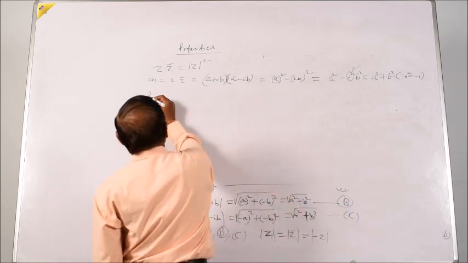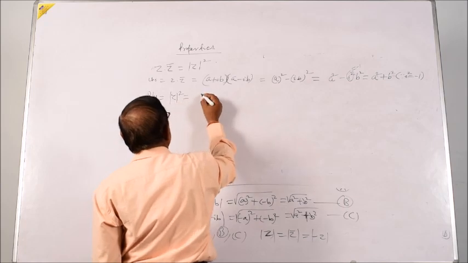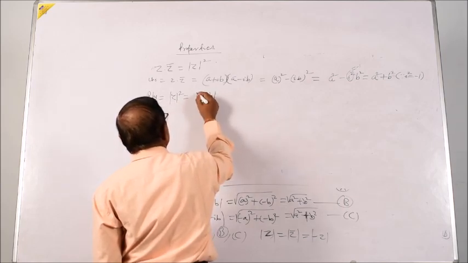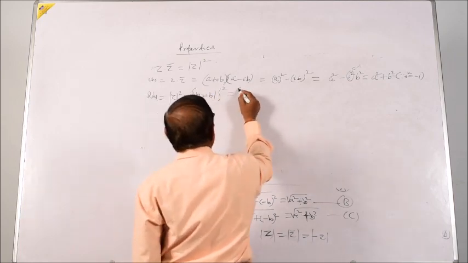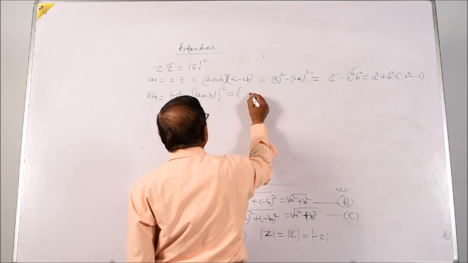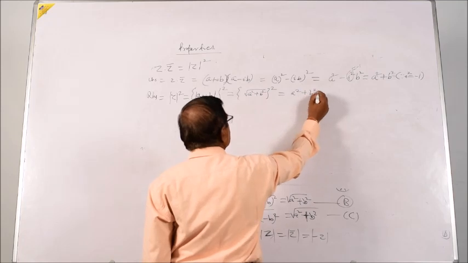Then right hand side, mod z square. What is mod z? Mod z is the square root of a square plus b square, whole square, that is a square plus b square.